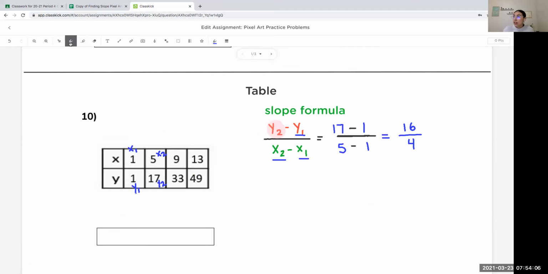So we could still try to simplify the top by the bottom. Remember, a fraction shows us that we can take that top number and divide it by the bottom number. So in this case, I have 16 divided by 4. Well, I know 4 times 4 is 16. So 16 divided by 4 must be 4.